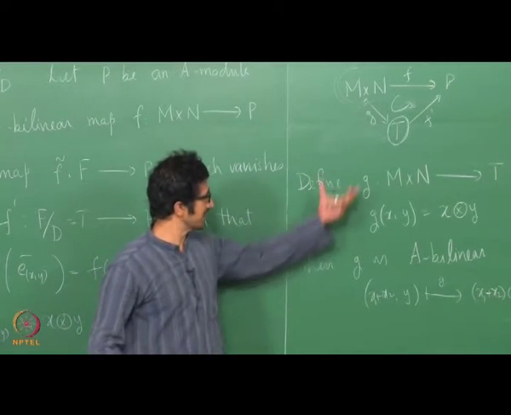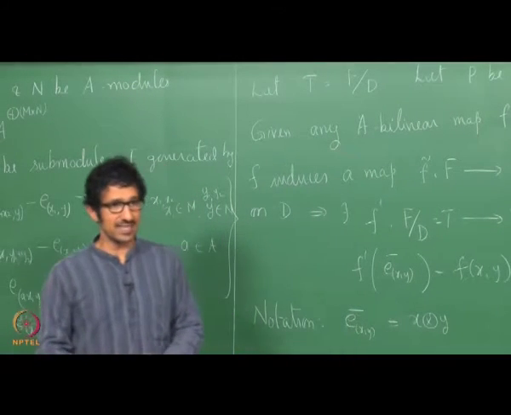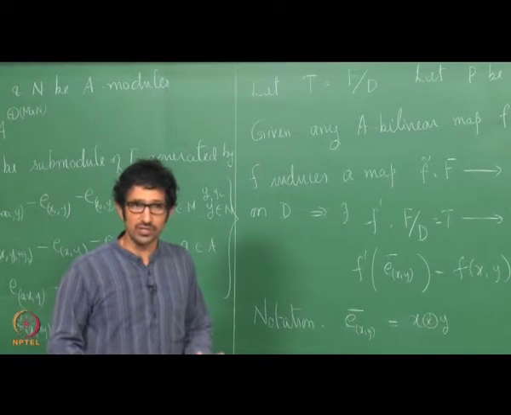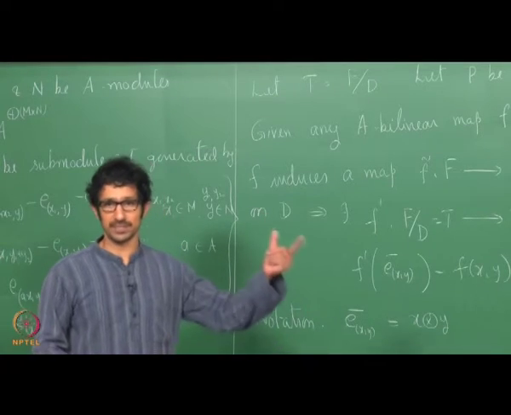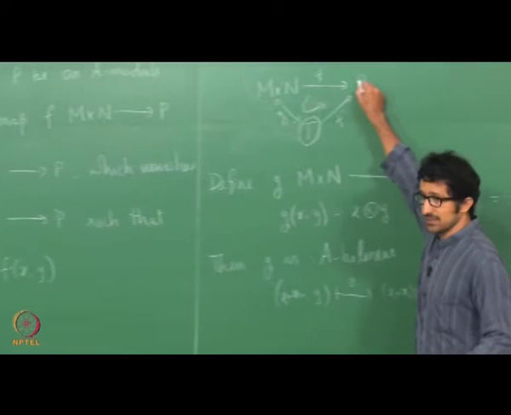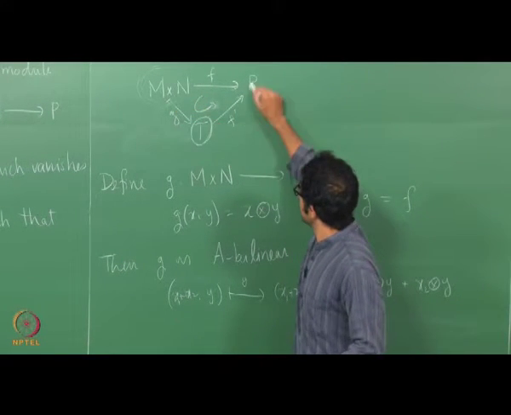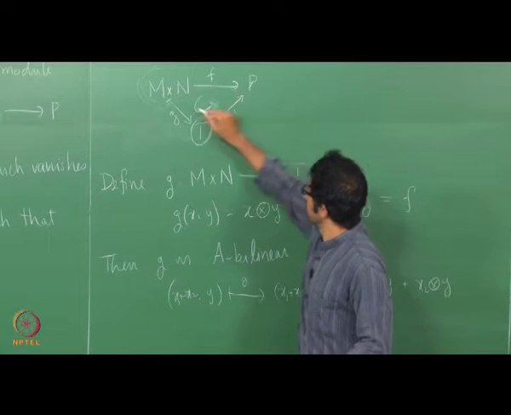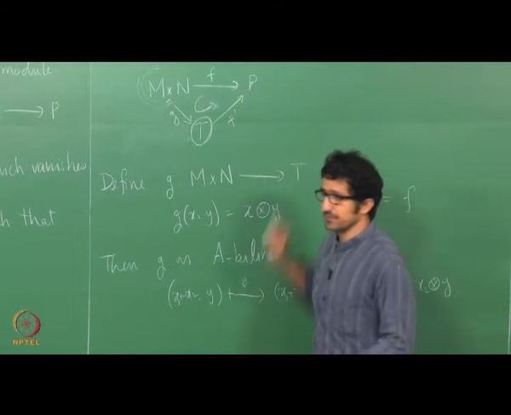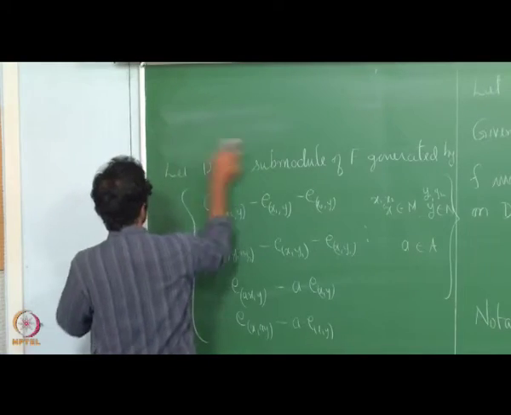In this case we have constructed a T. Does there exist any other module with the same property, that given any bilinear map from here to here, we have a module here through which it filters? So let's see what happens in that case.